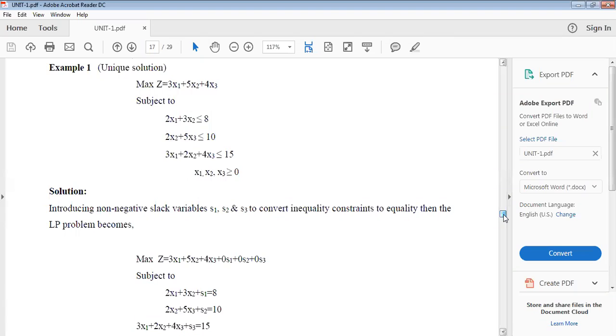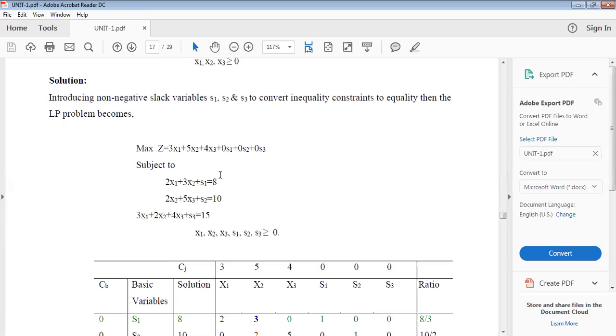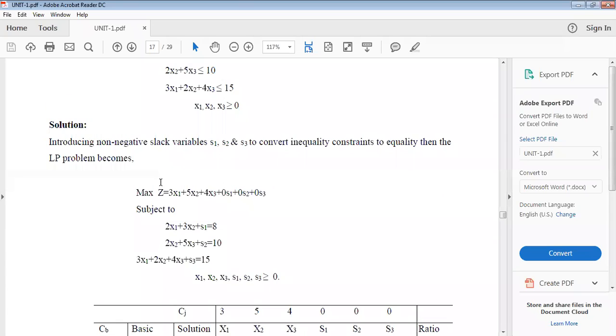Now coming to it, I had added this particular S1, S2, S3, and the originality of the objective function should not change.